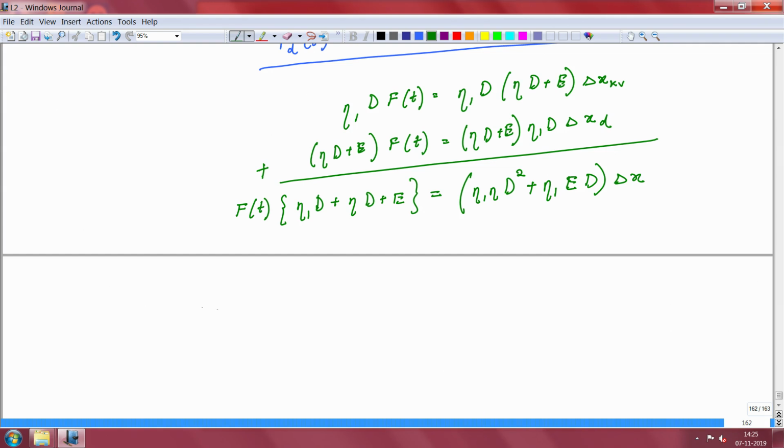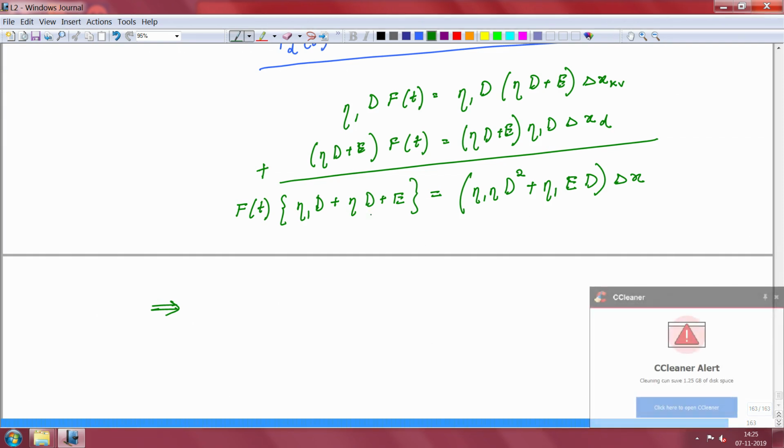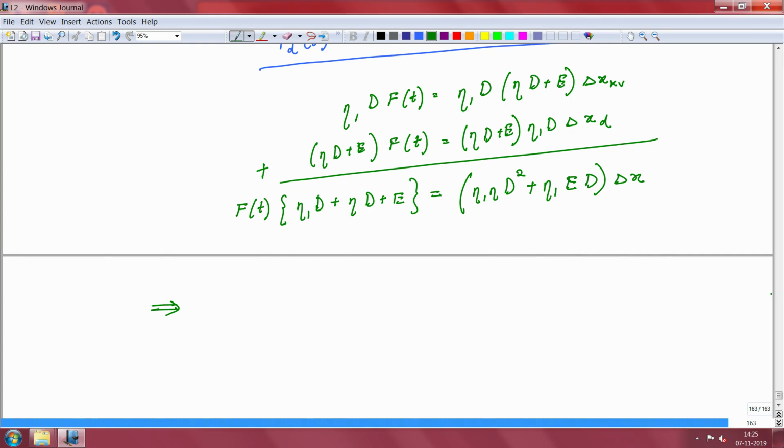So, this is basically nothing but, if I now change my operator to the dot form, then we have eta plus eta 1 f dot of t plus E times f of t, and this is equal to, on this side we have a double derivative of delta x.